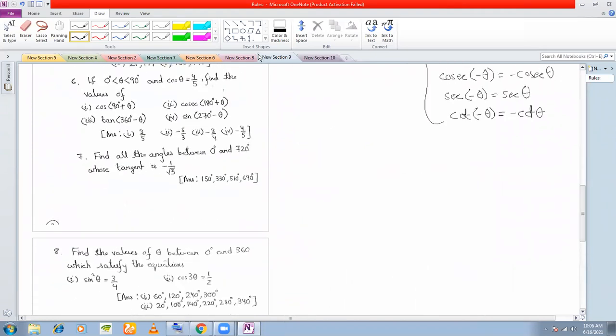Let me draw this once again. Sir, it means that it is in the third or fourth quadrant. It is in the fourth quadrant actually. Just give me a minute. Something is wrong.